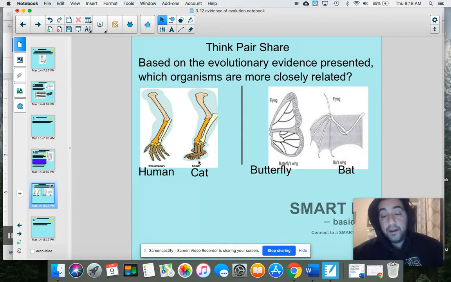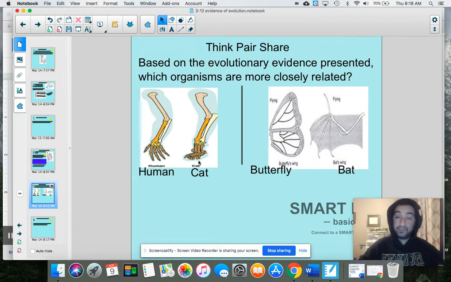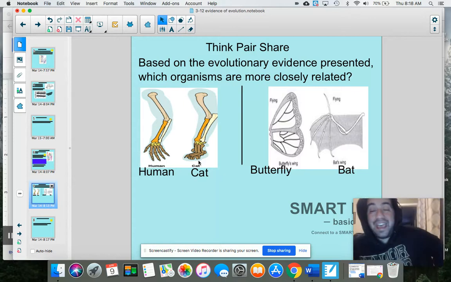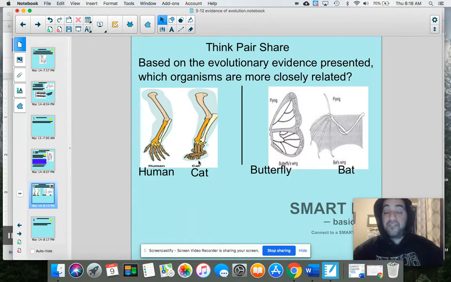If you take a look at the butterfly and the bat, similar function, right? Both are part of a wing, and they also have very similar anatomical features. You can kind of see the structures in the butterfly wing and also in the bat.